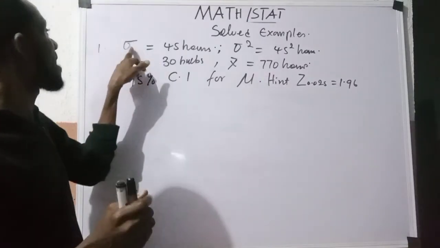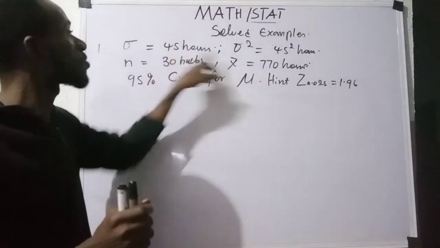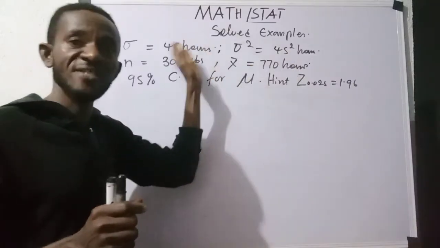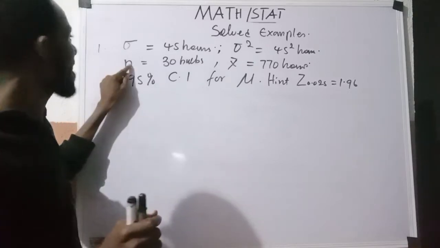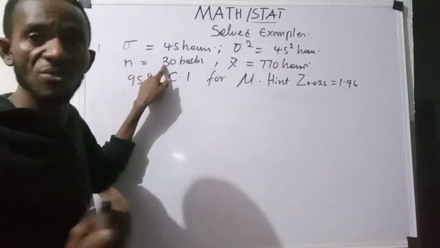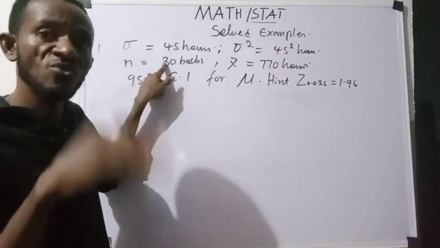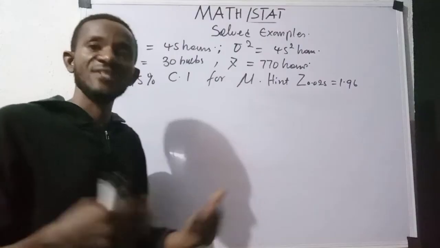If you check, our sigma is given as 45, so it was implied that sigma squared is given. Therefore, our sigma squared is known. Then our n is equal to 30. So n is large, because n is greater than or equal to 30. So we can apply what we call central limit theorem.